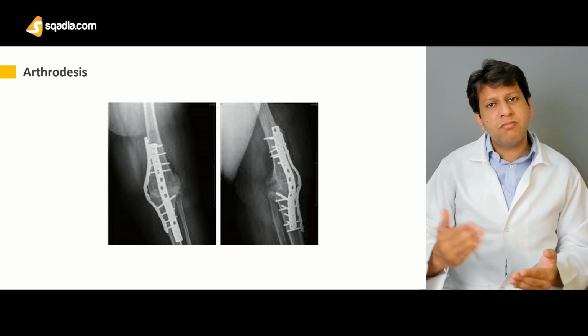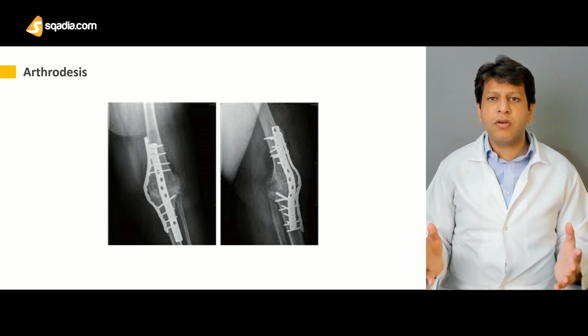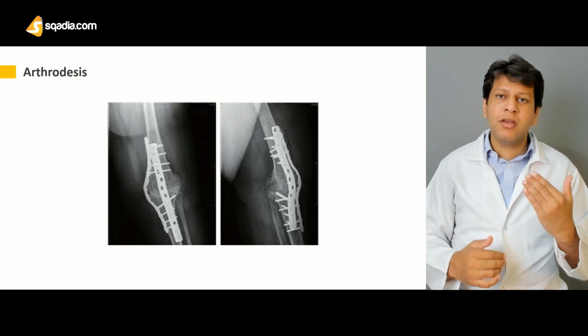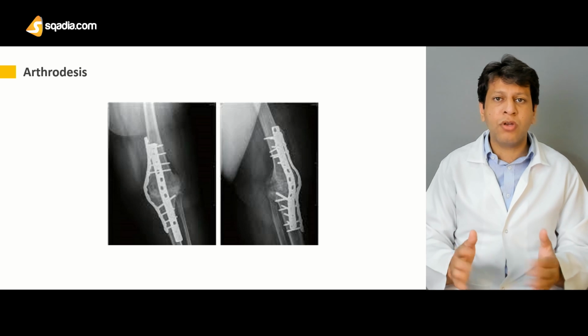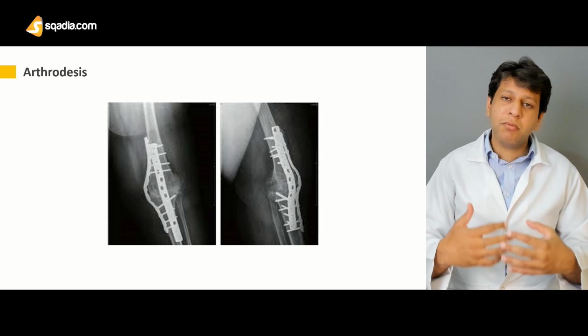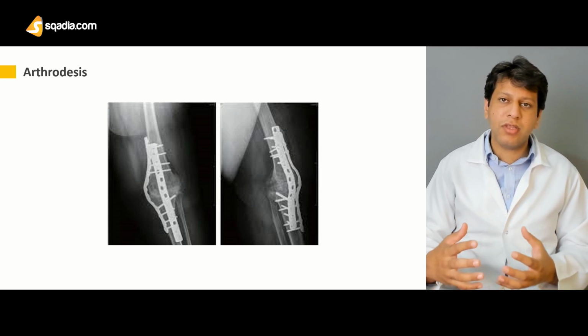But probably 30 or 40 years ago, to relieve a patient of chronic pain, arthrodesis was the mainstay of treatment. The patients used to be given arthrodesis, and the pain was gone. Although once the joint was ankylosed, the problem was with movement, the patient would be able to walk with sticks and everything else.